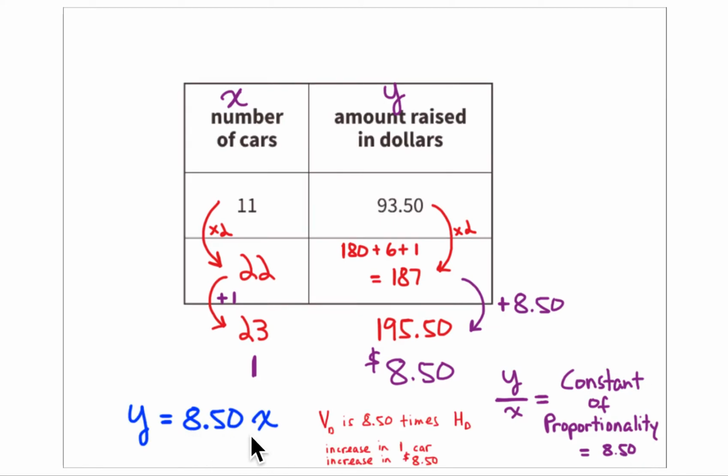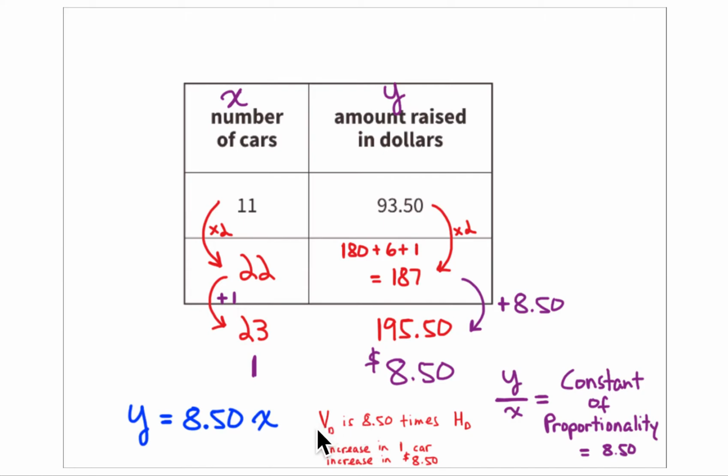So what that is saying to you is that the vertical direction, in this case $93.50, is 8.5 times the number of units along the horizontal axis, or the x-axis. So 8.5 times 11 would be $93.50.